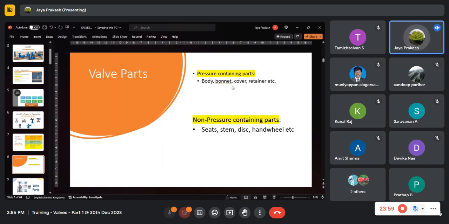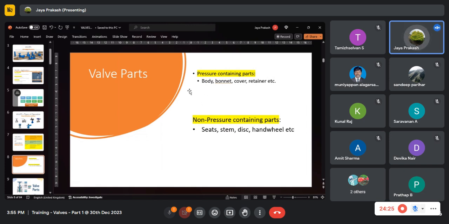This body, bonnet, cover, retainer, and everything is mainly casting or forging material. Some gate valves are manufactured by fabrication also, but the majority of body, bonnet, and other parts are made of casting and forging.